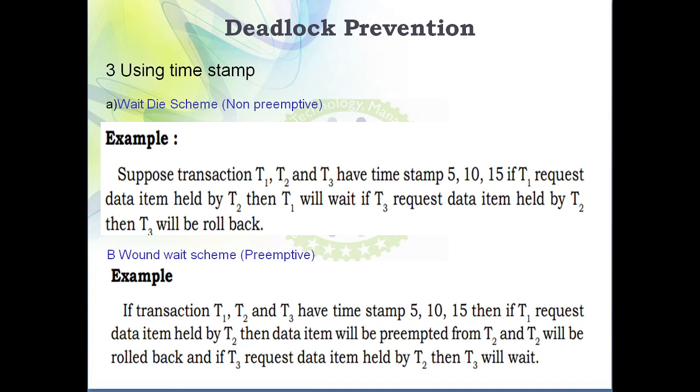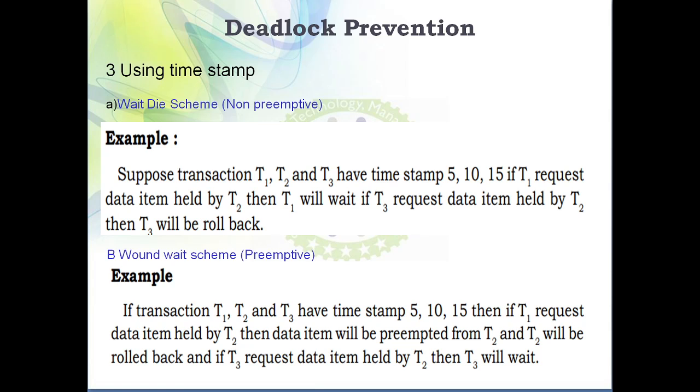To explain the wait-die scheme, we'll take a simple example. Suppose there are three transactions, T1, T2 and T3, and their timestamps are also given. For T1 the timestamp is 5, for T2 it is 10, and for T3 it is 15. If T1 is requesting a data item held by T2, then T1 has to wait, as its name suggests, wait.